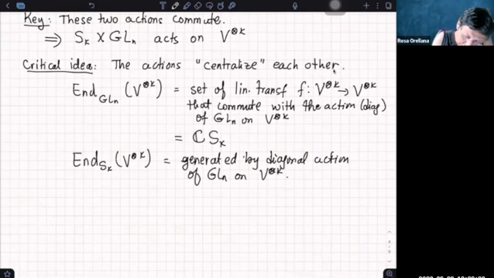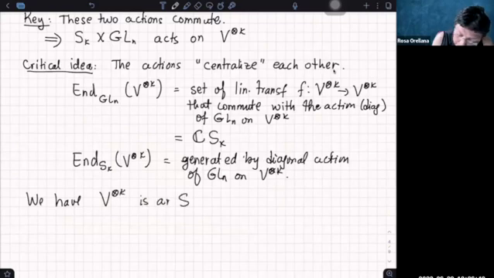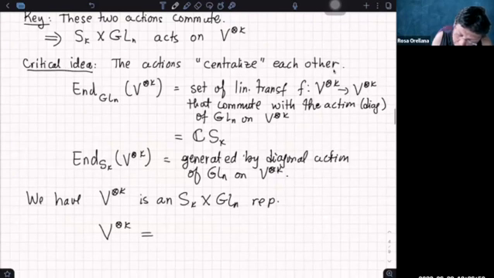But perhaps now we have that V tensor K is an SK cross GLN representation. So we can decompose it as a representation of these two groups.